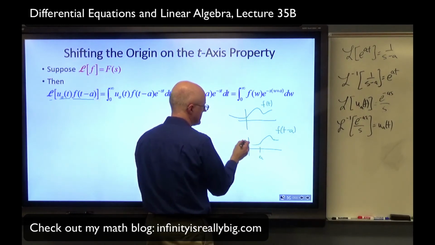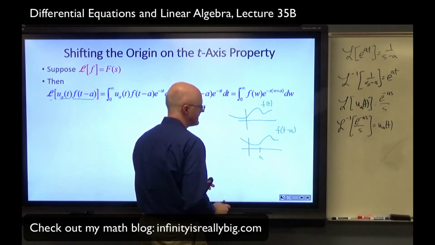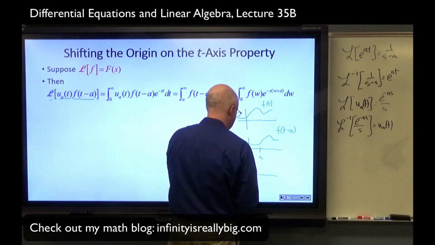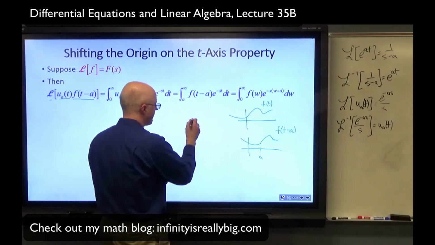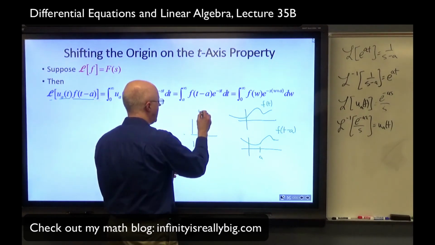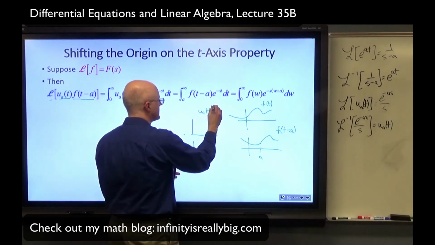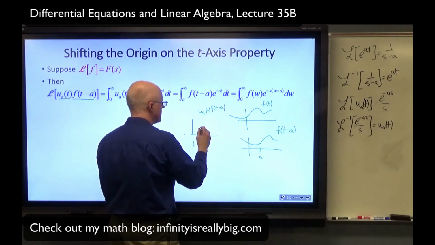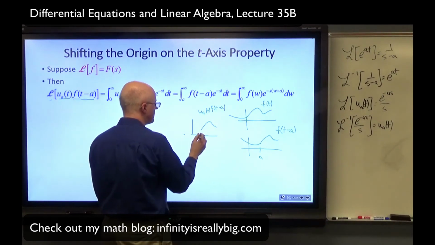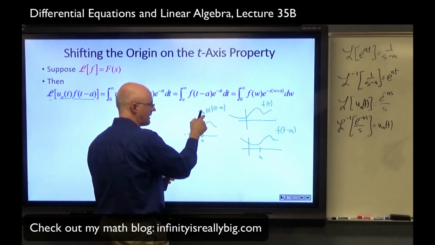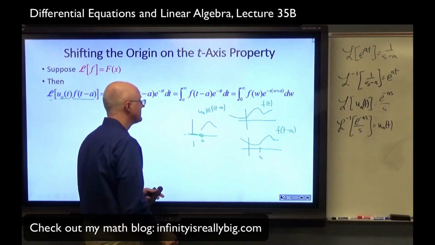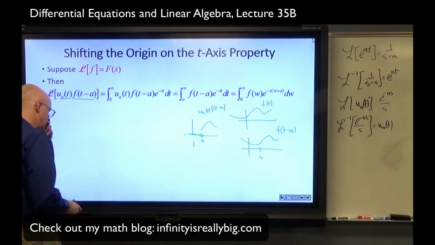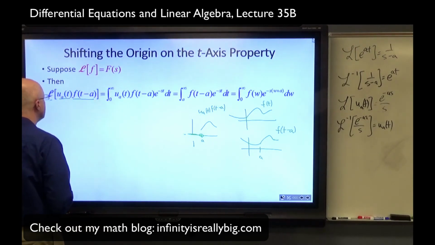I'd also have this over here. But then the graph of ua of t times f of t minus a is going to look like this over here still, but it'll be 0 here, because that'll be 0 when t is less than a. That's the function we're thinking about taking the Laplace transform of.